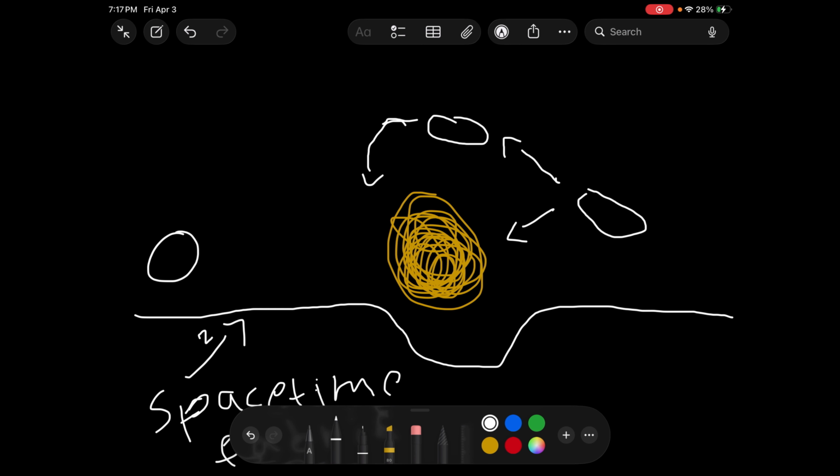But here's the thing. From the observer on the spaceship, they're still going straight.